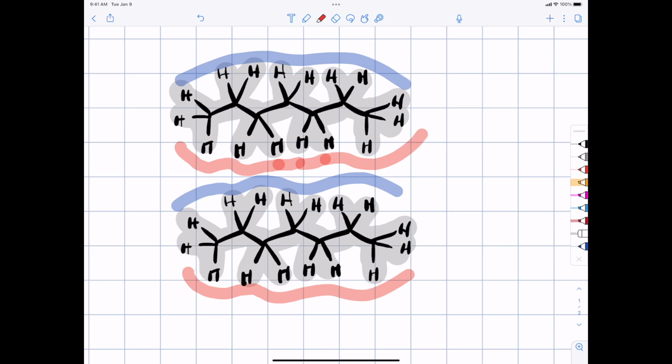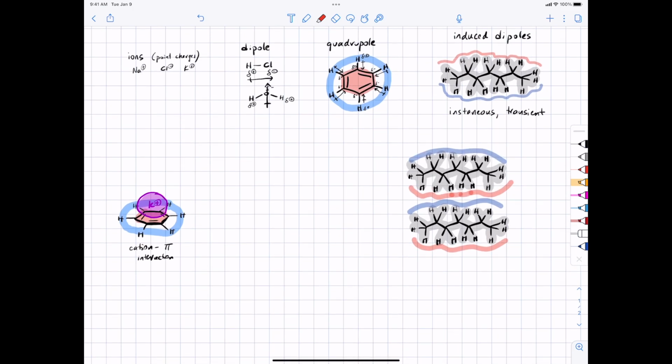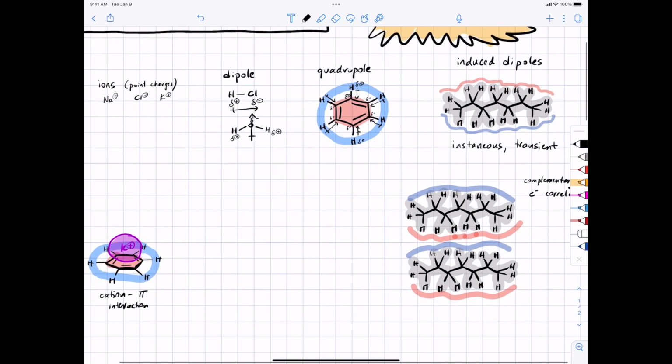It's not very strong. Of course, the more actual charge you have, the stronger the interaction is. But I might call this sort of complementary electron correlation between molecules, which is another way to think of it.